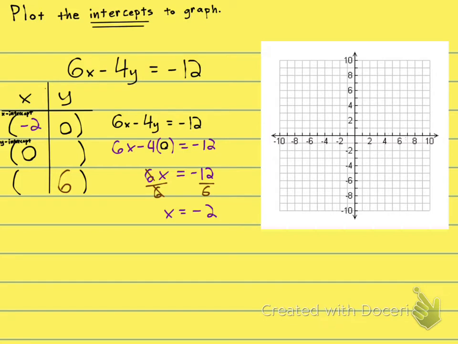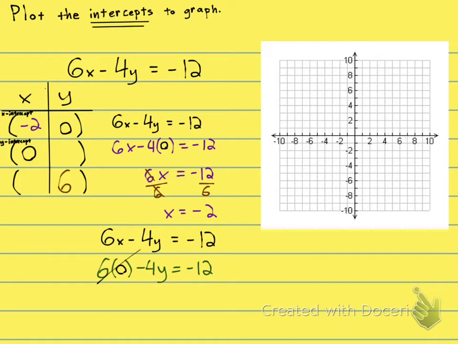All right, let's do it again. We're going to find our y-intercept. So I write down my original equation right here, and I'm going to plug in a 0 for x. 6x minus 4y equals negative 12. Plug in that 0 for x. 6 times 0 is 0.